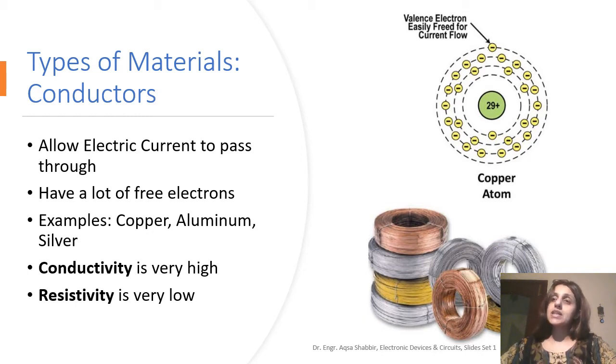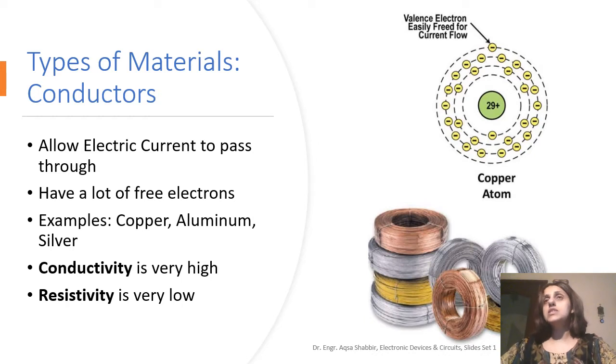Copper, like other metals, has one valence electron which is not very tightly bound to the copper atom, and it is easily able to dissociate from the rest of the atom, which provides this ample amount of free electrons. By free, we mean those electrons which are able to break free from their atomic structure.